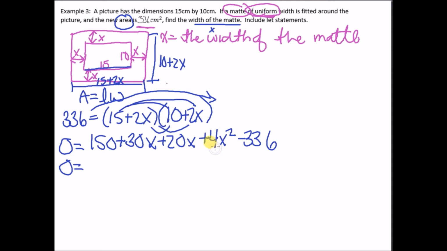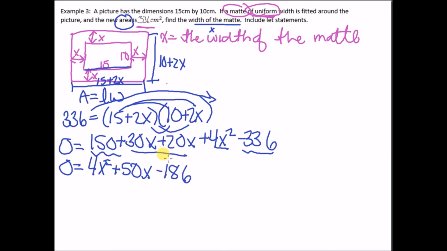Okay, and let's collect like terms and put this in standard form in the next line. So we're going to put the 4x squared first, and then we're going to collect 30x and 20x, which is 50x, and then we're going to collect 150 and negative 336. And I get negative 186.